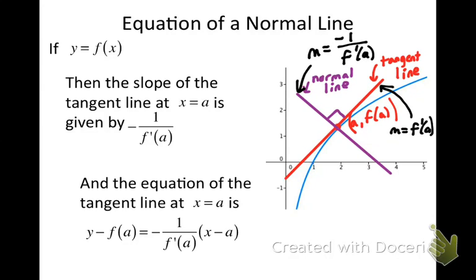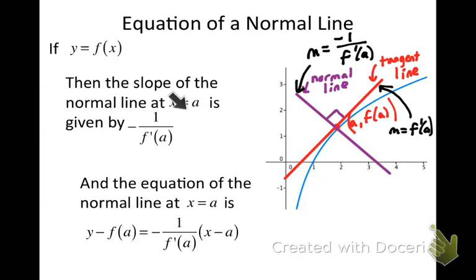With that in mind, here's how you go about writing the equation of a normal line. You, of course, first have to know what the slope of the normal line is, and I just got done telling you that the slope of the normal line at the point x equals a is going to be given by the opposite of 1 over f prime of a.